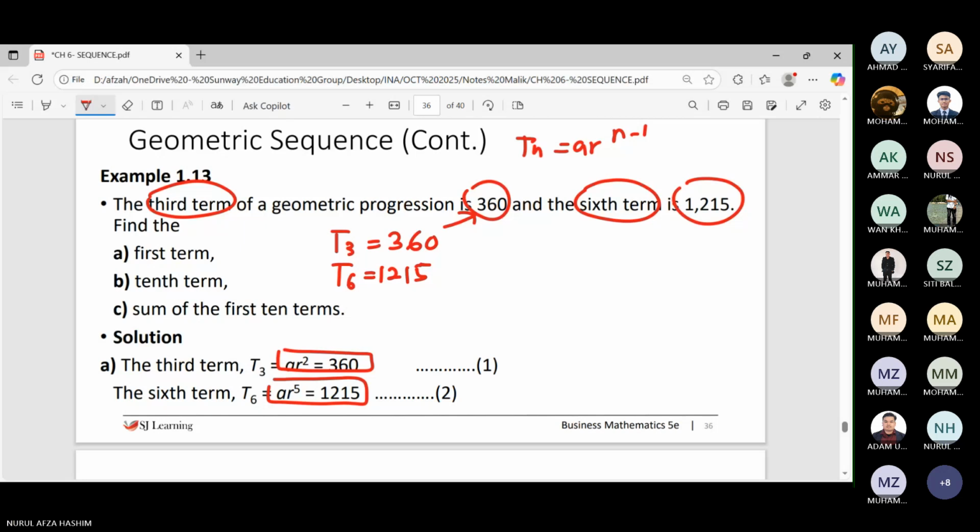Anyone? Should I divide or should I minus? Good, Nafisa. Anyone have any idea?